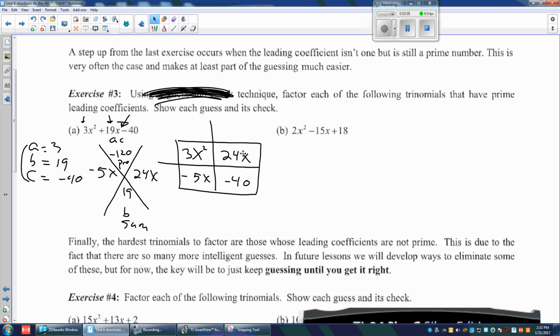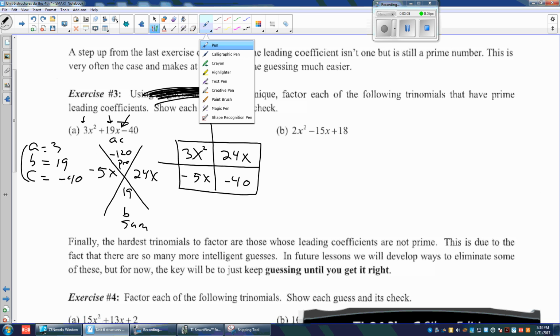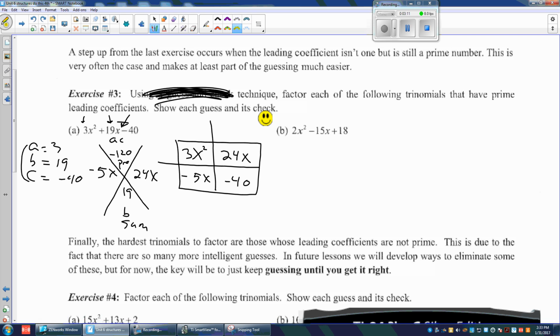Now we have to think of factors, so grab our little smiley face. What's the greatest common factor of 3 and 24? That's 3. What's the greatest common factor of x squared and x?